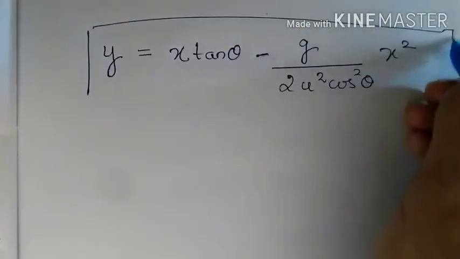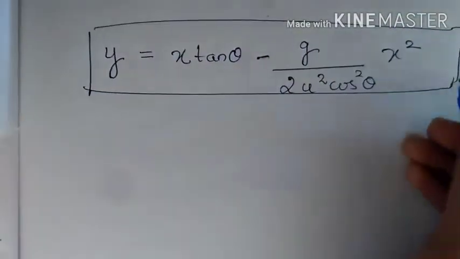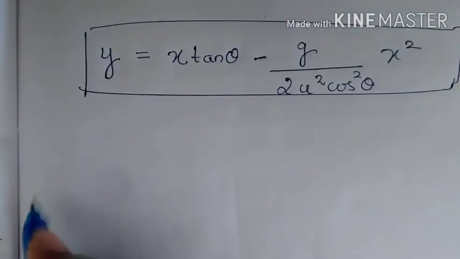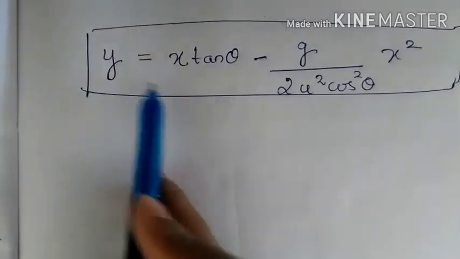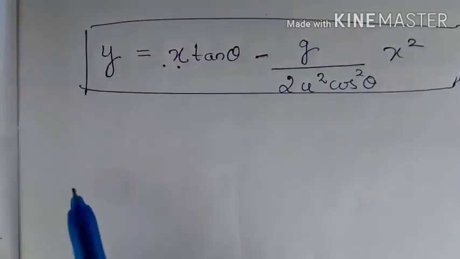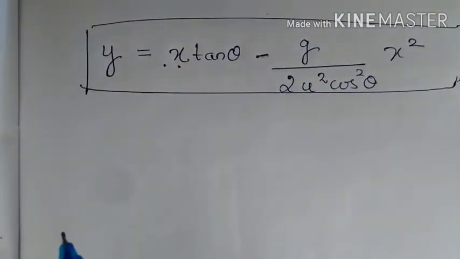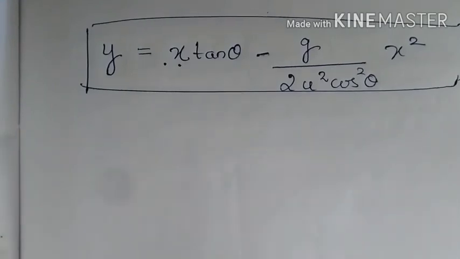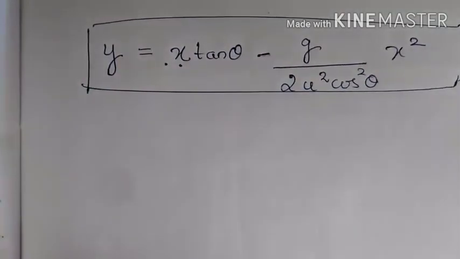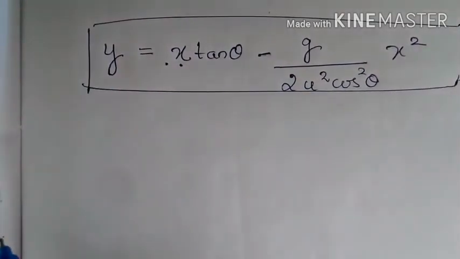So this is the equation of the projectile. This equation is similar to which equation? This is similar to the parabola equation of second order. So hence the projectile takes the parabola shape.